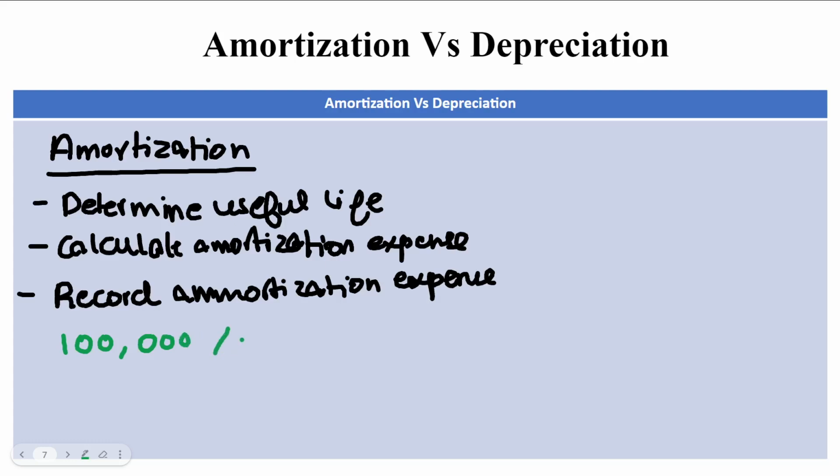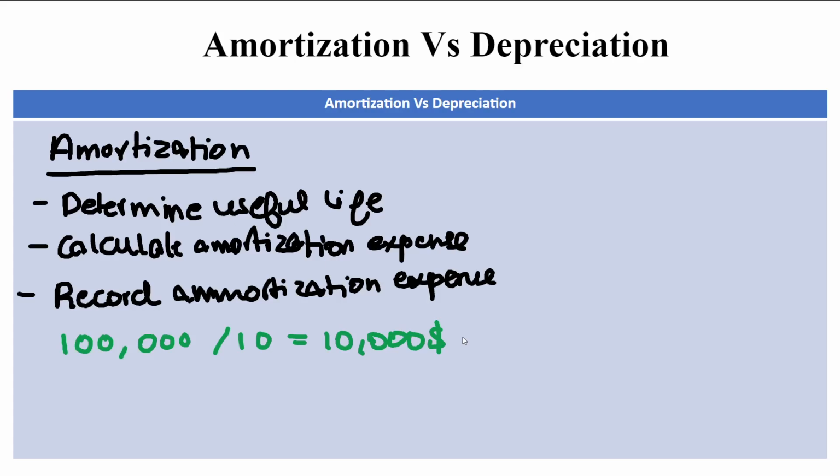As I said, the useful life is 10 years. All right, and this gives us $10,000. So that's our annual amortization expense, and this expense would be recognized each year over the 10-year period. So that's it for the example.